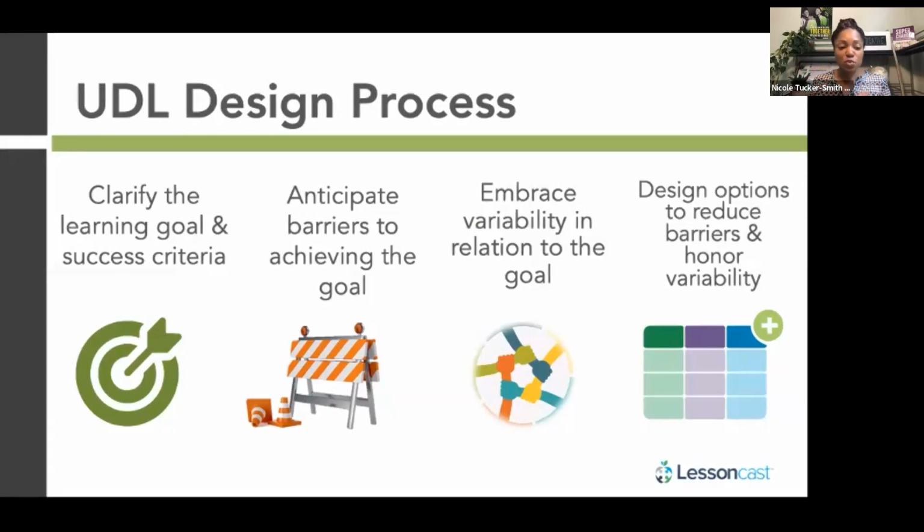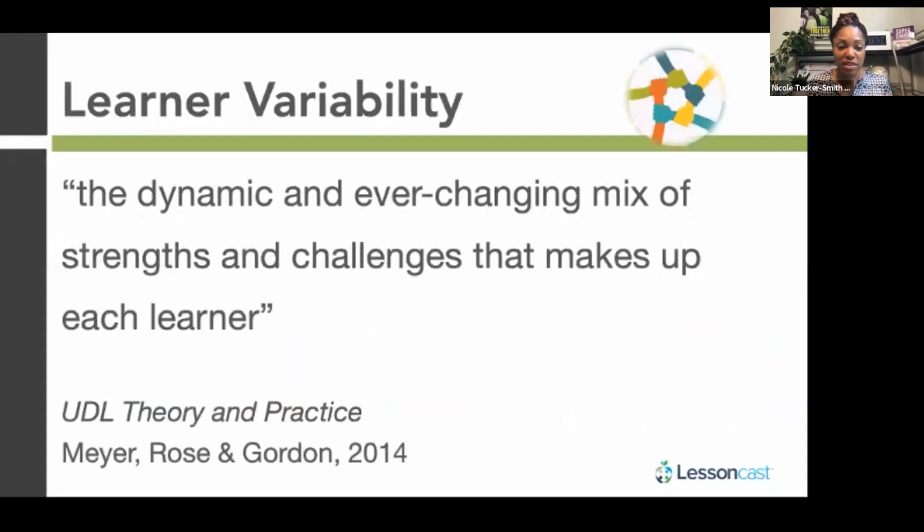Now let's talk about this word, learner variability. Learner variability is the dynamic and ever-changing mix of strengths and challenges that makes up each learner. Everybody here has strengths, everybody here has challenges, and those strengths and challenges are going to show up differently depending on what context you're in, right?